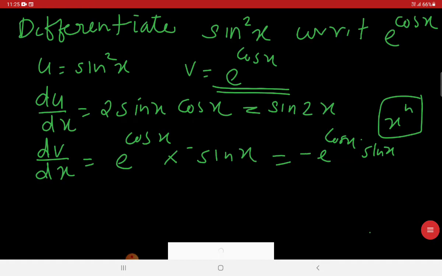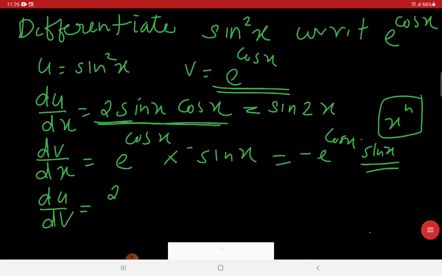Okay. Now what is du by dv? See here, sin x is coming, and if you are using this formula, you can simplify easily. So you have to substitute this answer.